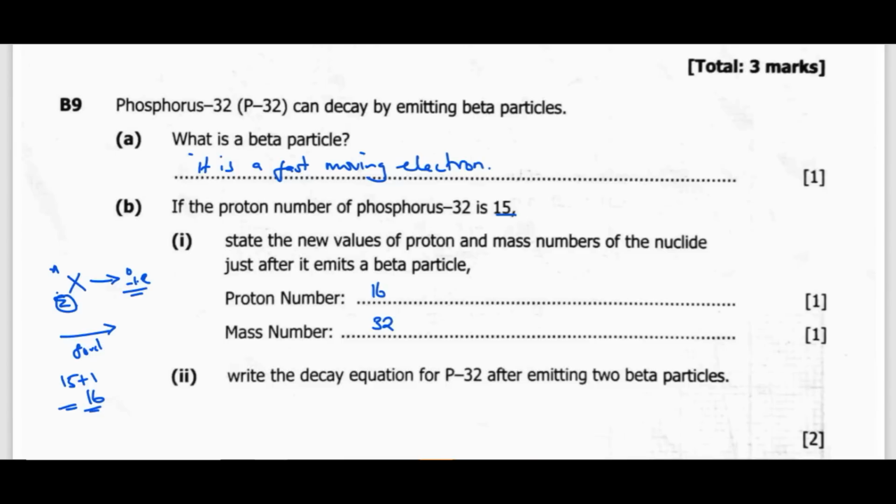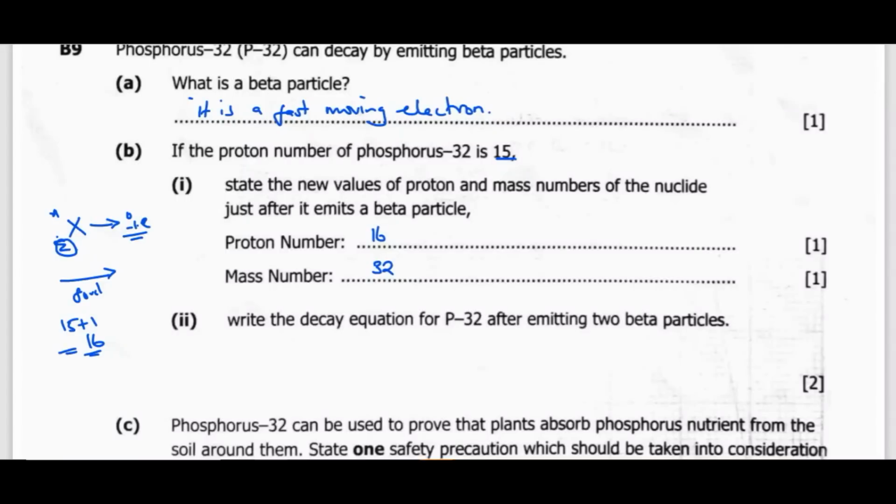Write the decay equation for phosphorus-32 after emitting 2 beta particles. So we write P, 32, with proton number 15. The 32 will remain, and here we're going to have 17.